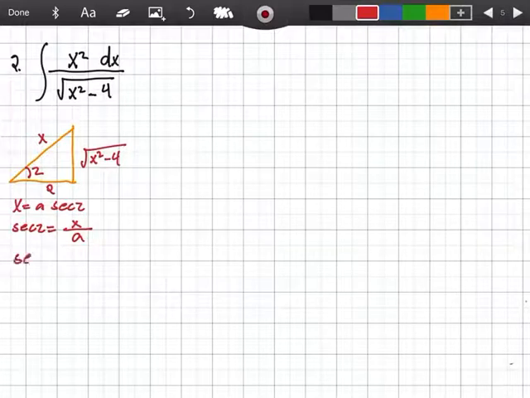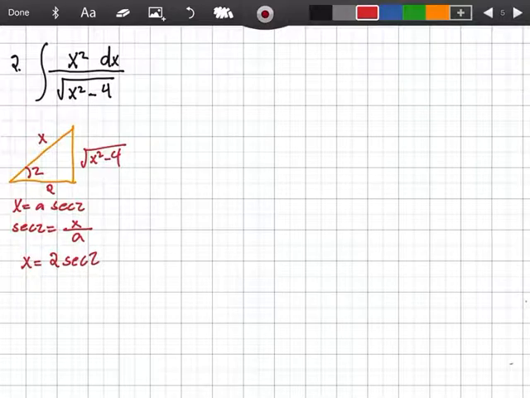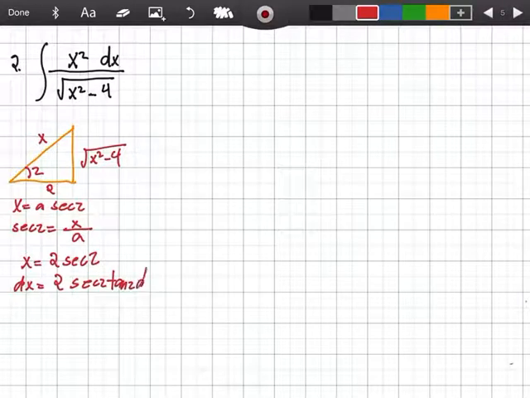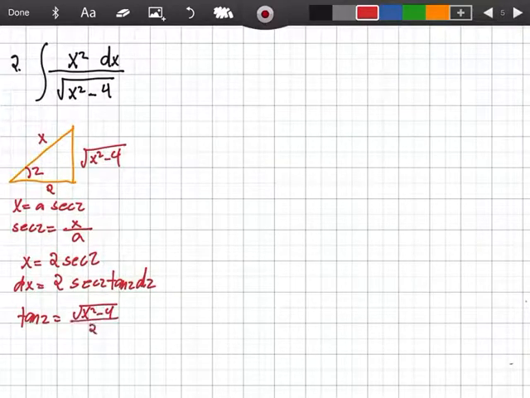So, ang x natin ay 2 secant z. And ang dx natin ay 2. Ang differential ng secant ay secant z tan z dz. And our tan z, opposite over adjacent, square root of x squared minus 4 over 2. That means the square root of x squared minus 4 is equal to 2 tan z.